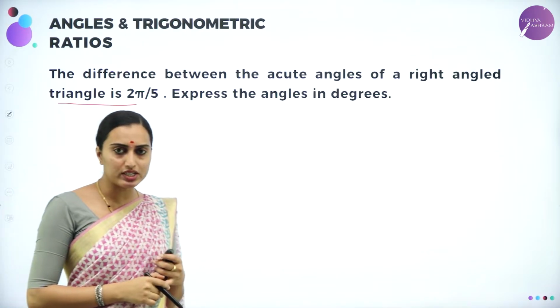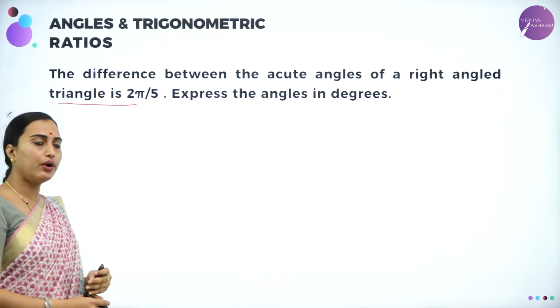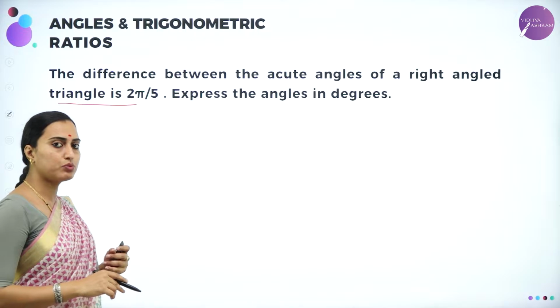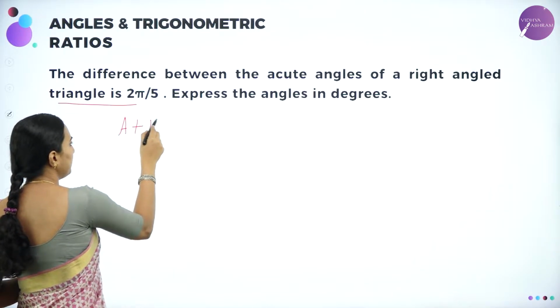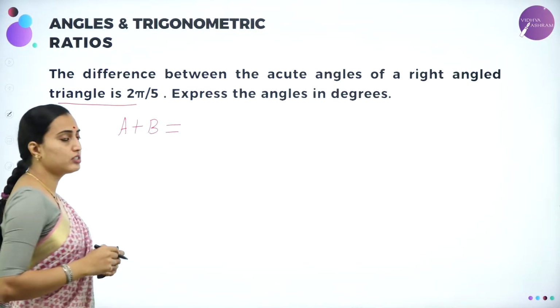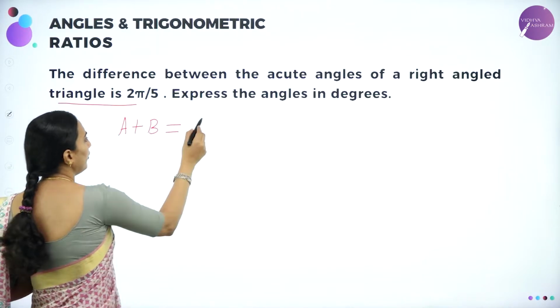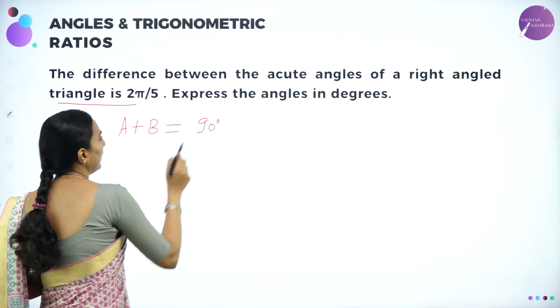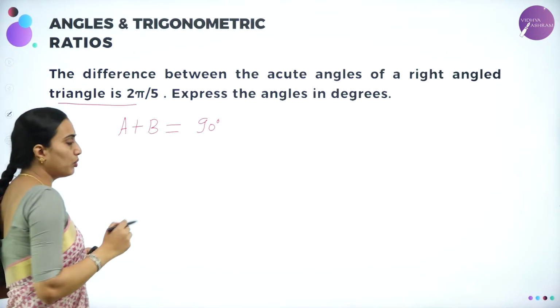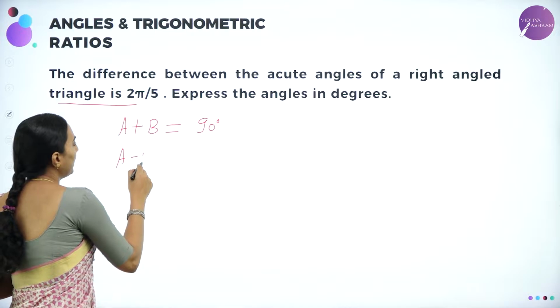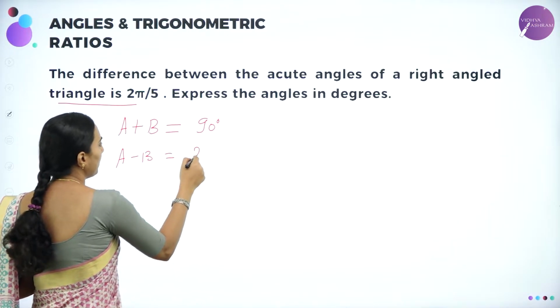Right angle triangle means, if A and B are the angles, A plus B will be equal to 90 degree. Right angle means 90 degree, and they have given the difference between the two angles A and B. So A minus B is 2 pi by 5.